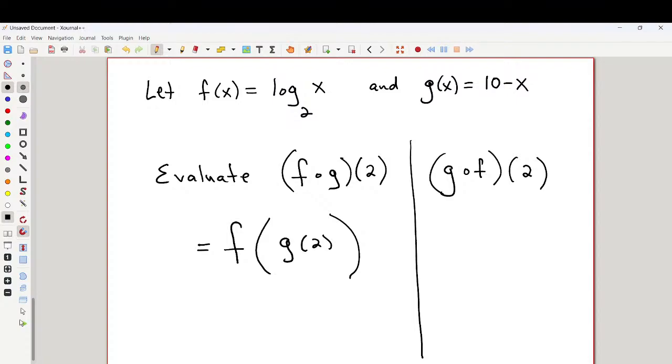That's our first rule, right? So g of 2 is 8.